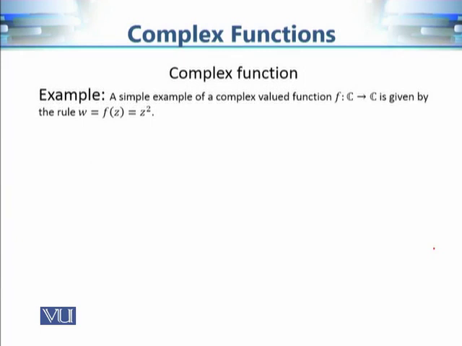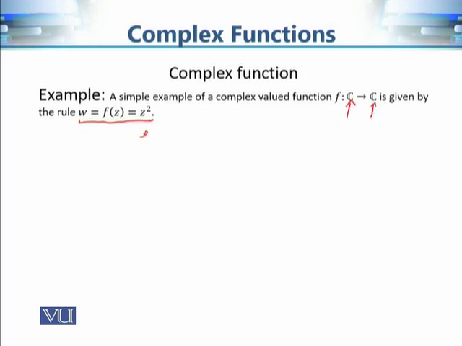Now let's consider this simple example of a power function, where the rule for relating two complex numbers is that we take z as an input and the output is z square. In this case, the domain is the entire complex plane and the output is a complex number.